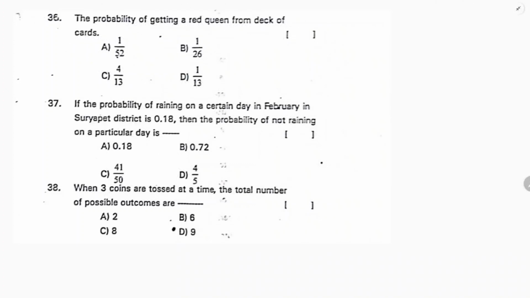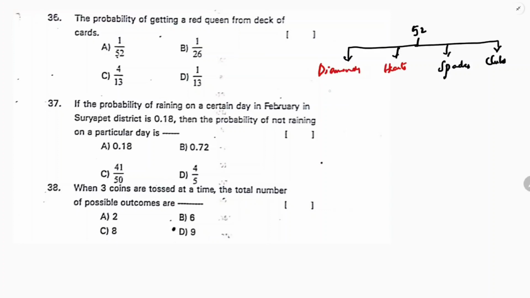The probability of getting a red queen from a deck of cards. See, total cards are 52. It is divided into 4 suits: diamonds, hearts, spades, clubs. Spades and clubs are black in color. Diamonds and hearts are red in color. The face cards are king, queen, jack.